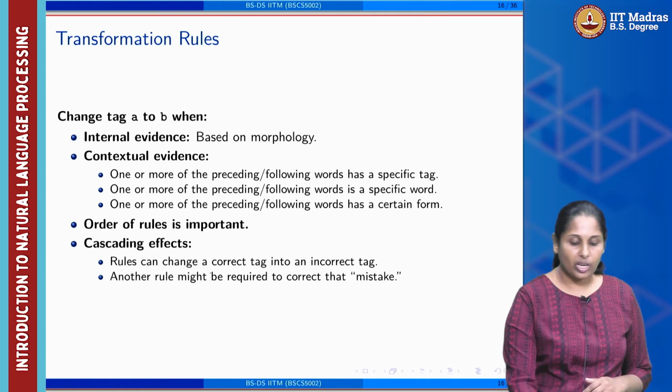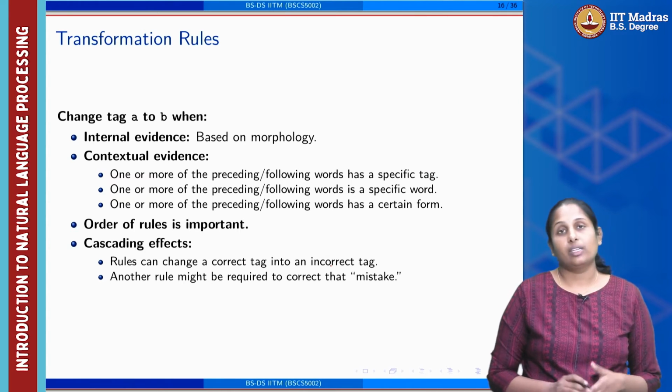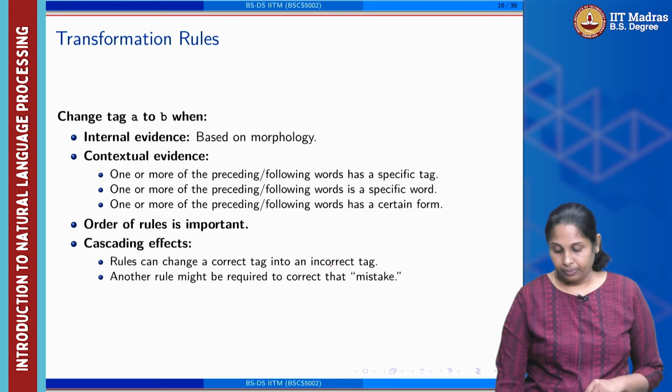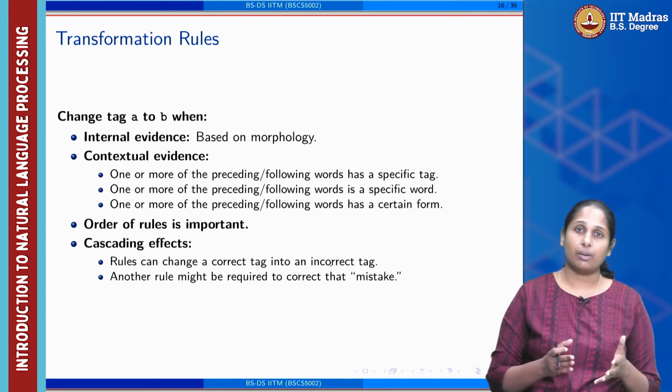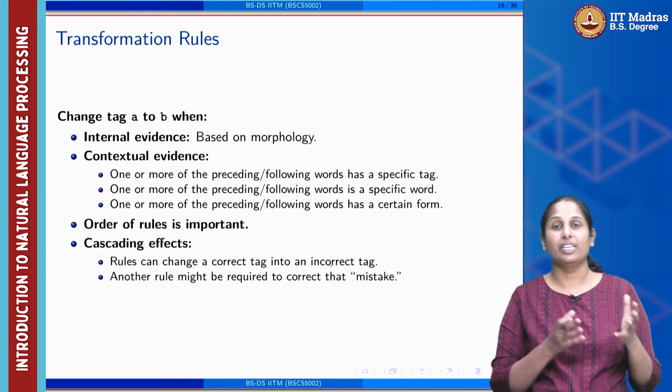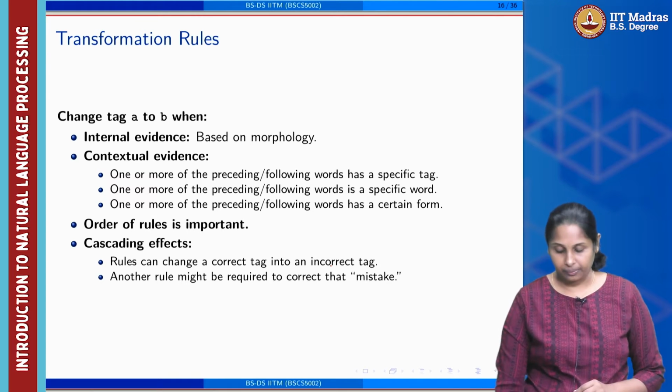So rules can change a correct tag into an incorrect tag. So another rule might be required to correct that mistake. So it is often known that first a correct tag will become incorrect, then again the incorrect tag will be corrected.